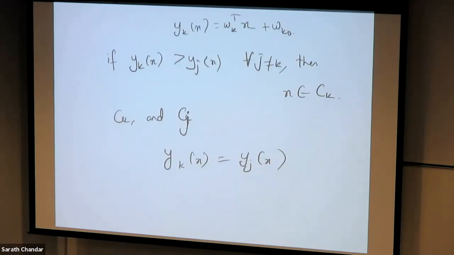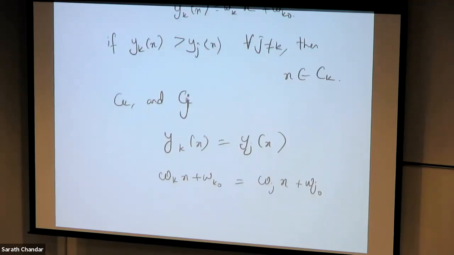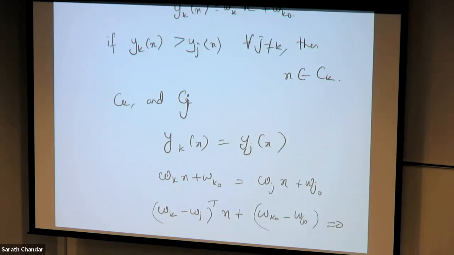Or wk transpose x plus wk0 is going to be wj transpose x plus wj0. Now I can write this as wk minus wj transpose x plus wk0 minus wj0 is equal to 0. Okay. Now, this decision boundary looks like w transpose x plus w0 is equal to 0, right?